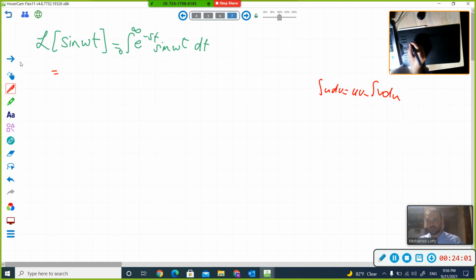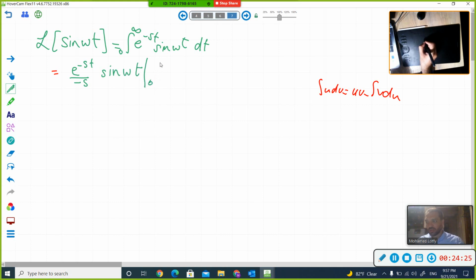So it will be e to the power negative st divided by negative s. And the other function, which is u, will be put as it is, so it will be sine omega t, and the limits.